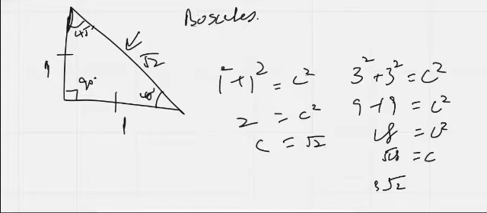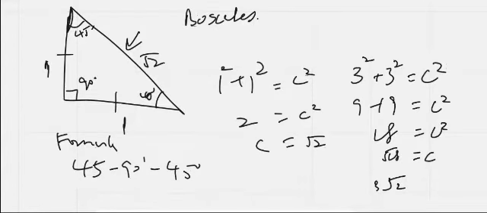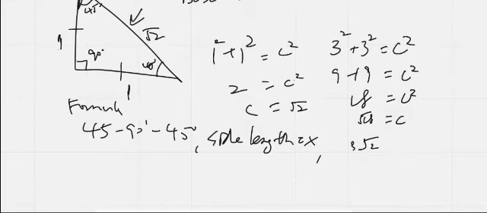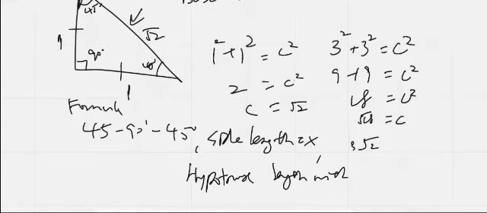So the formula for this 45, 90, 45 degree triangle is that the side length is equal to x, and the hypotenuse length will be x root 2.